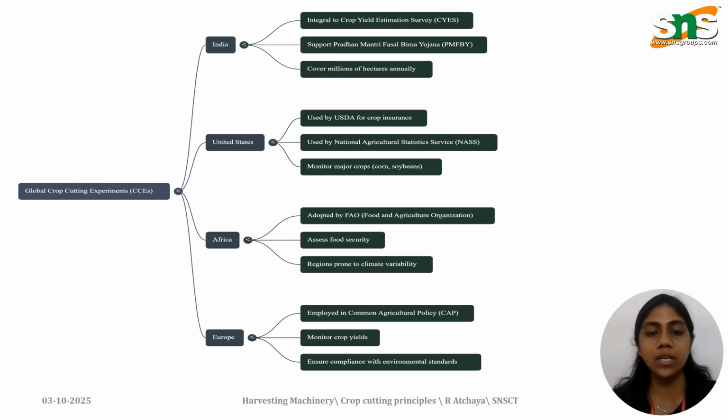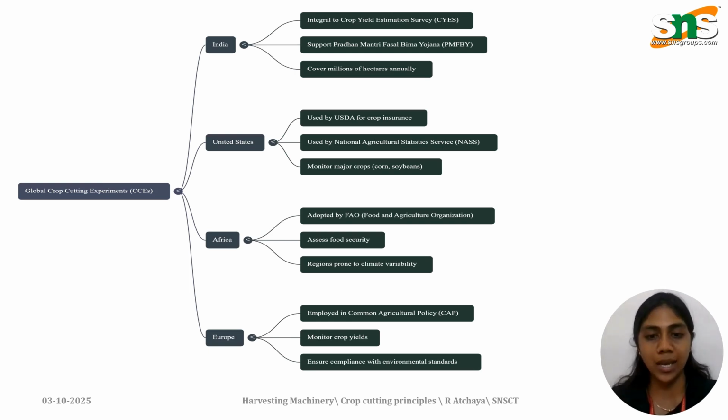To build on our discussion of the crop cutting experiment, today we will explore it with real world applications across the various countries. This technique involves random sampling and harvesting in order to support food security and policy making globally.